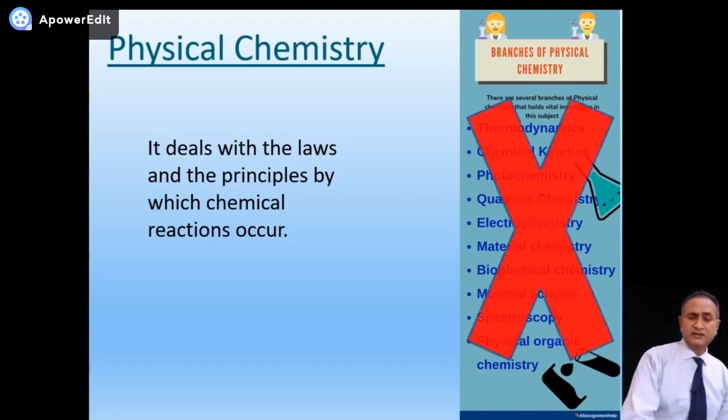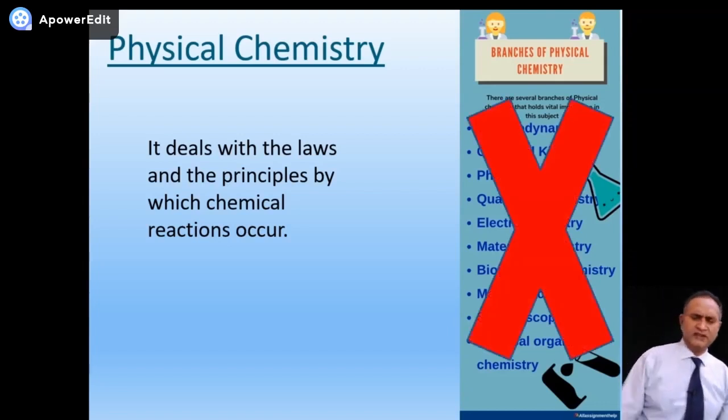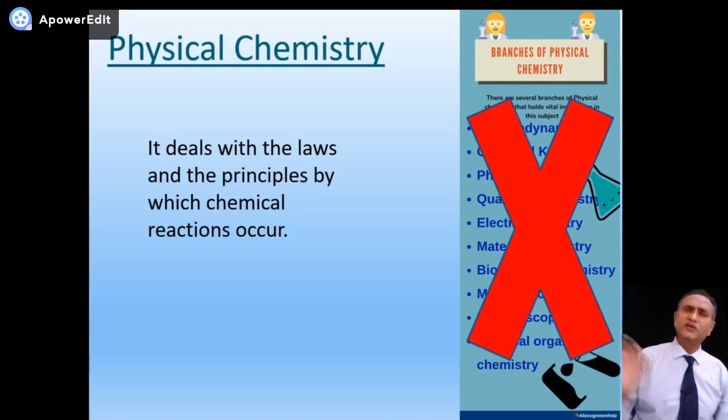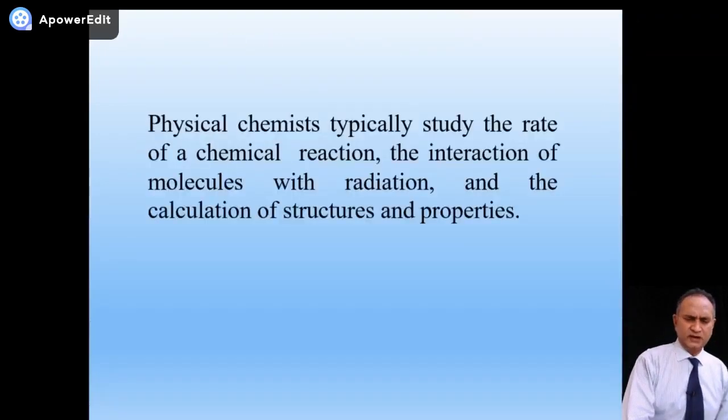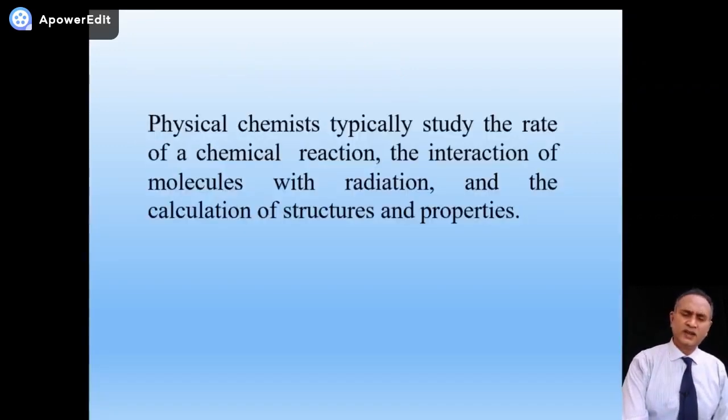Again, this is not the part. These right side branches are the various branches of physical chemistry. Each branch of chemistry is further divided into a number of sub-branches, right? So the study of laws and principles by which a chemical reaction occurs is called what? This is called physical chemistry.